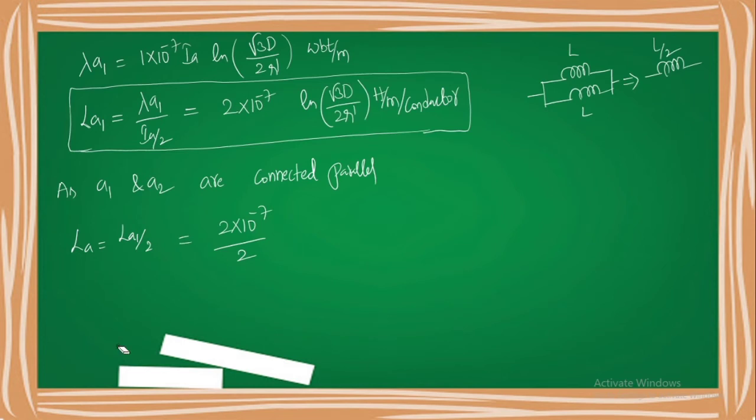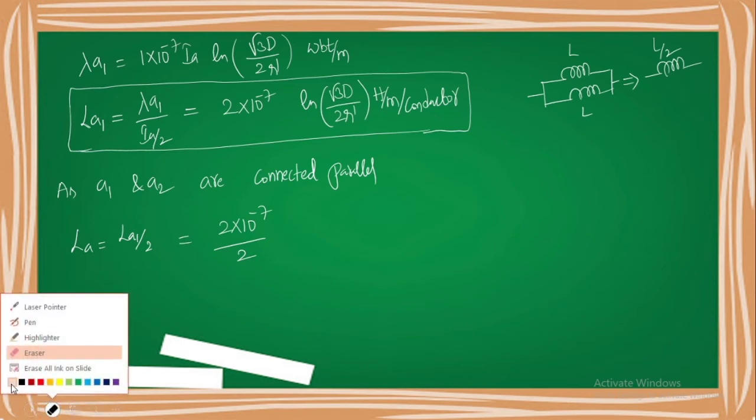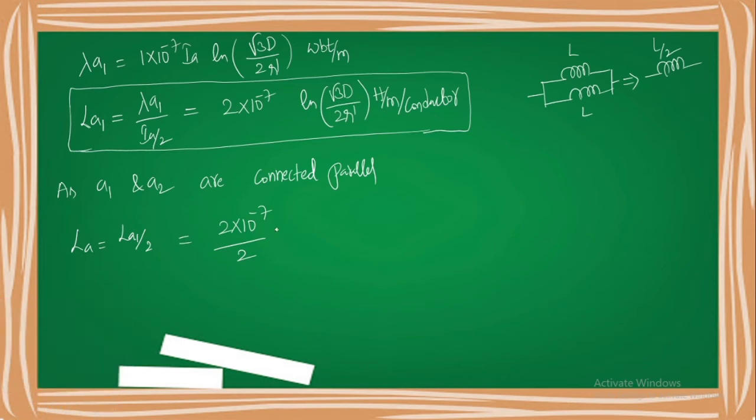Now it is 2 into 10 power minus 7 times ln of root 3d by 2 R dash. What is R dash? R dash is nothing but 0.7788 R. R is nothing but the radius of each conductor here, right? Not each phase. So 2 gets cancelled.